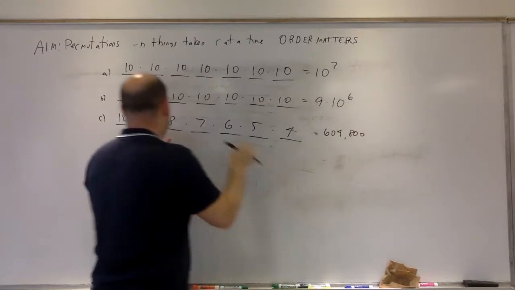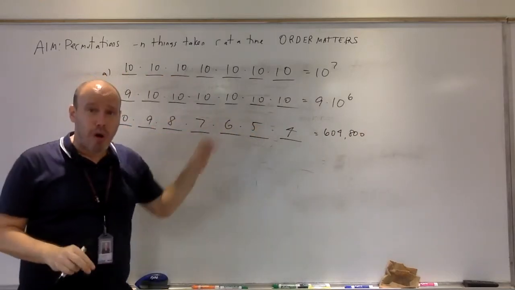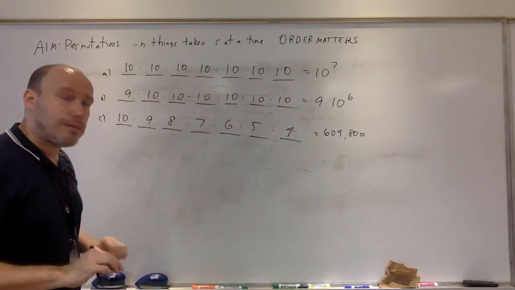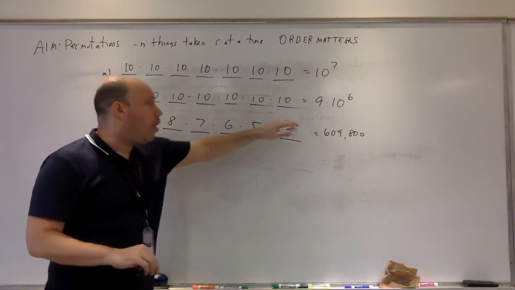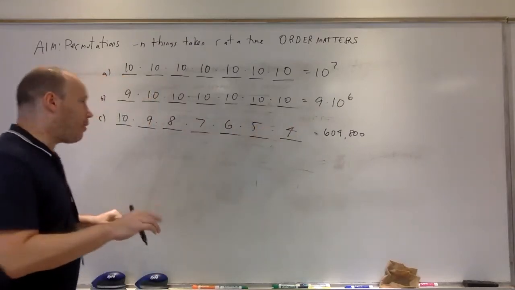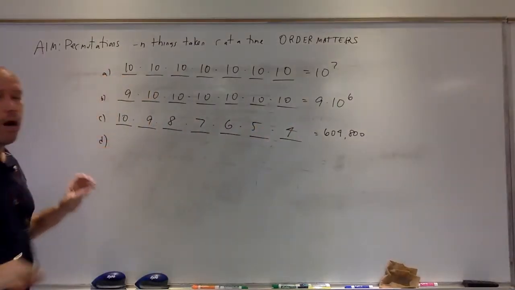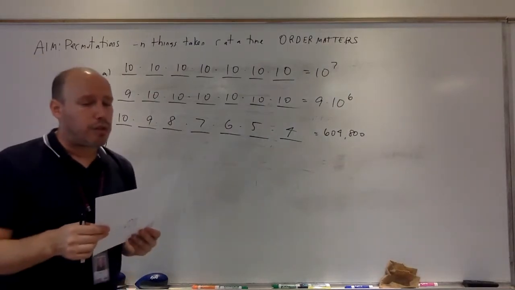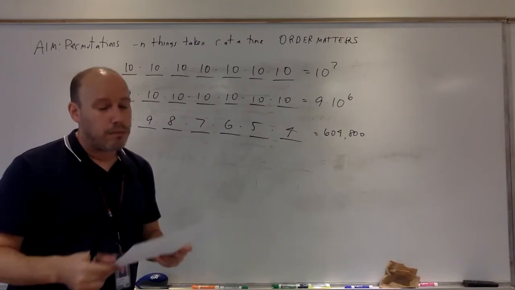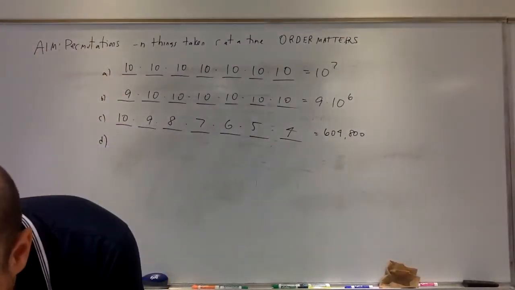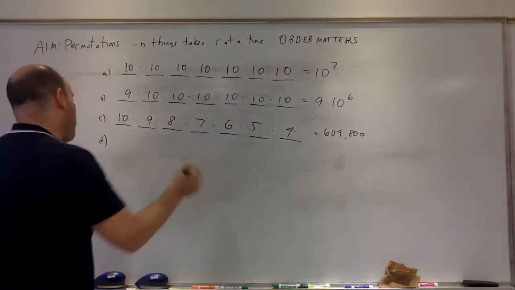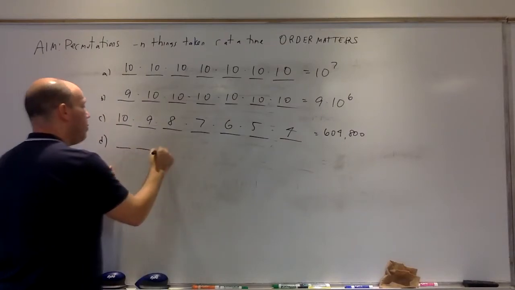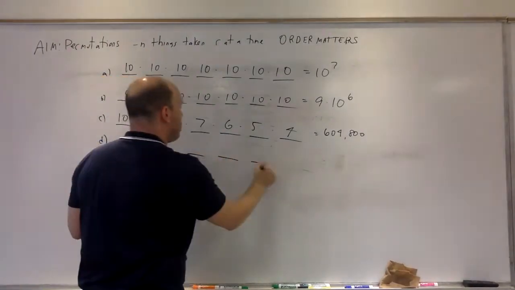Now some of you might be saying, wait a minute, this kind of looks like a factorial. Hold that thought. It's not exactly a factorial. It's almost. Once again, hold that thought. Part D. Let's see, what does Part D say? The number must contain all the digits 1 through 7. Okay, so once again, I have my 7 spaces.